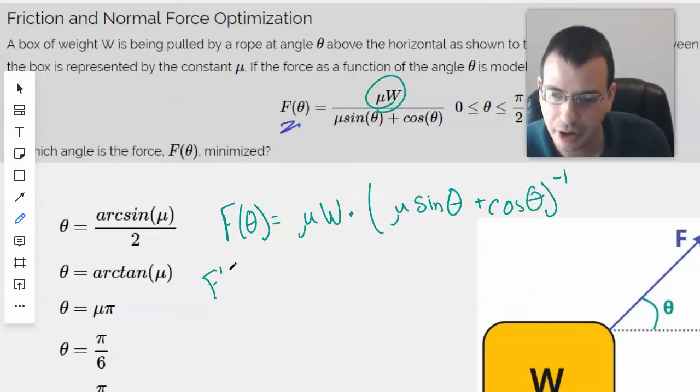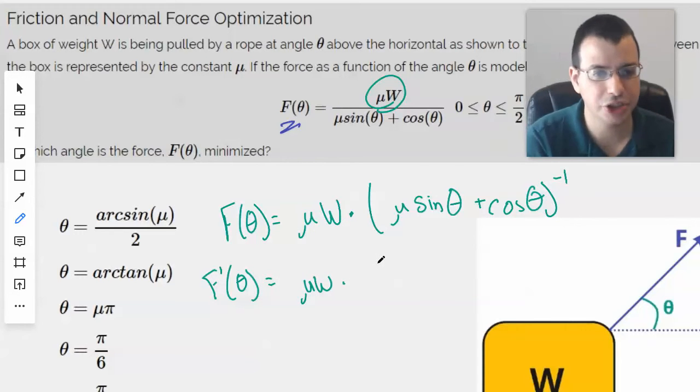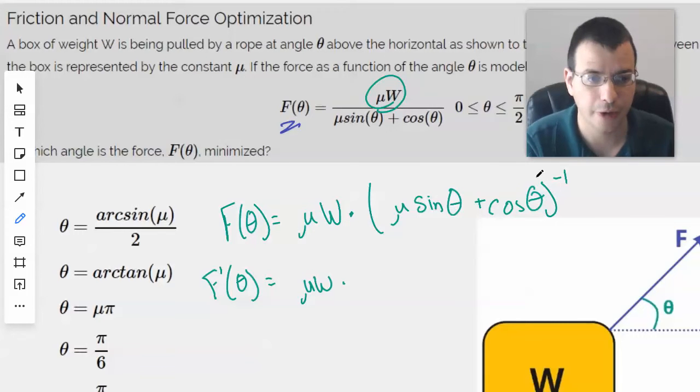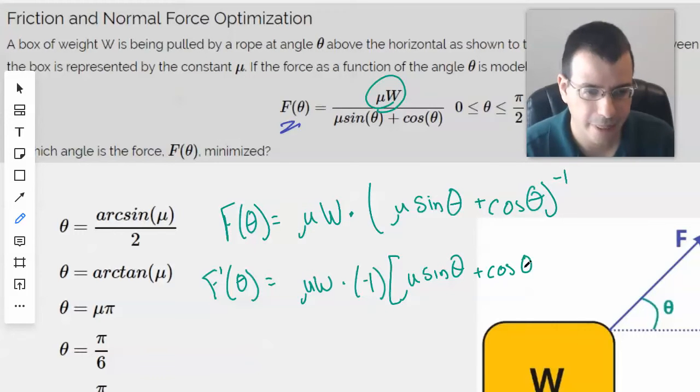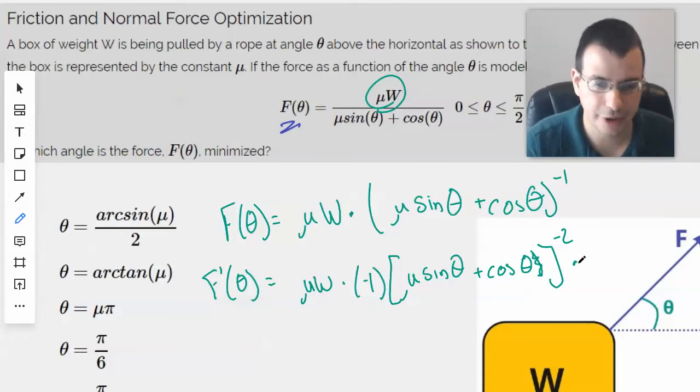So f prime of theta will be mu W times... Okay, now this is going to be the chain rule. So we'll take this negative 1, move it down here, negative 1 times mu sine theta plus cosine theta to the negative second times the derivative of the interior.